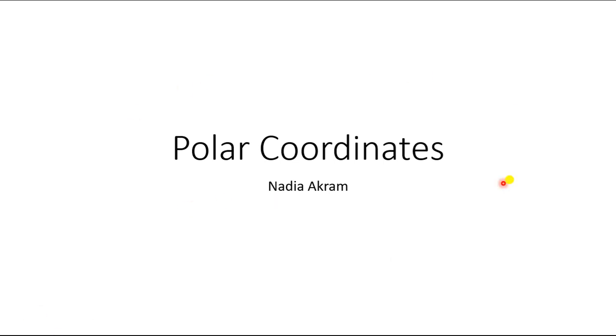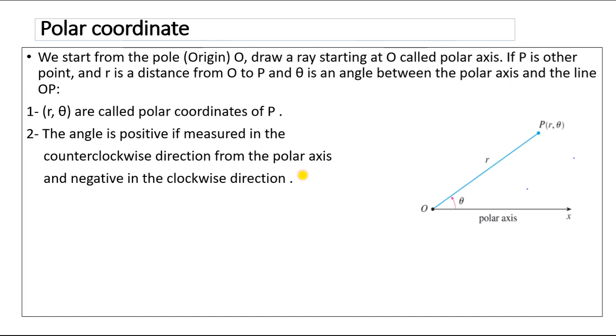Polar coordinates. We start from the origin, the pole. We draw a ray called the polar axis.